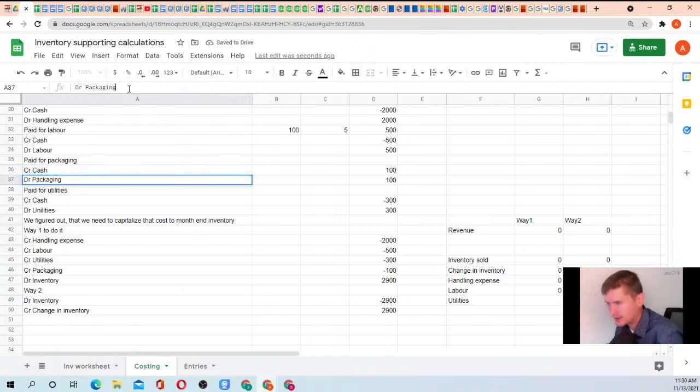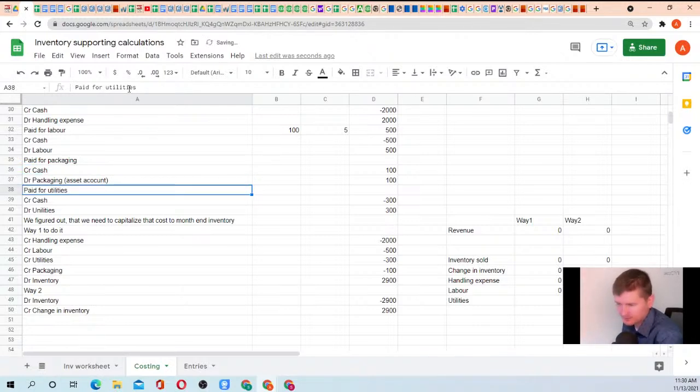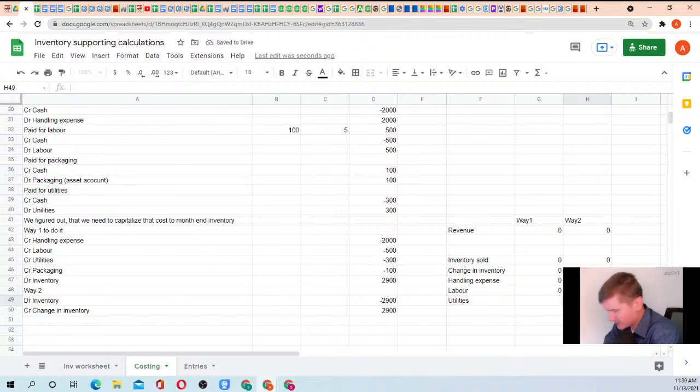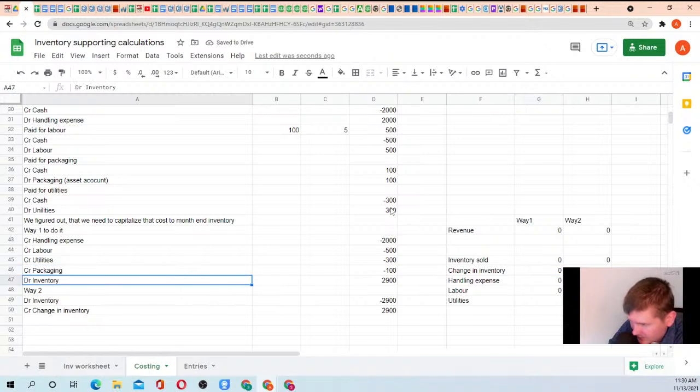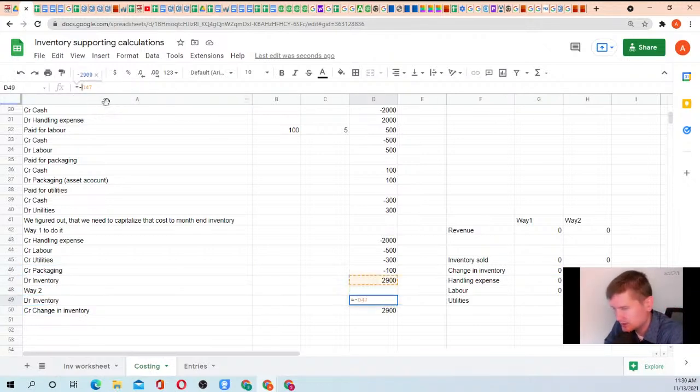Debit packaging, and that's an asset account. Utilities 300. Change in inventory. Okay, that should be without a minus.